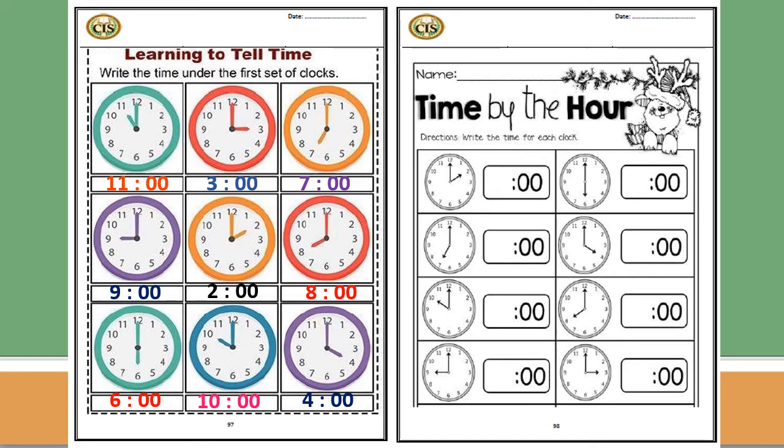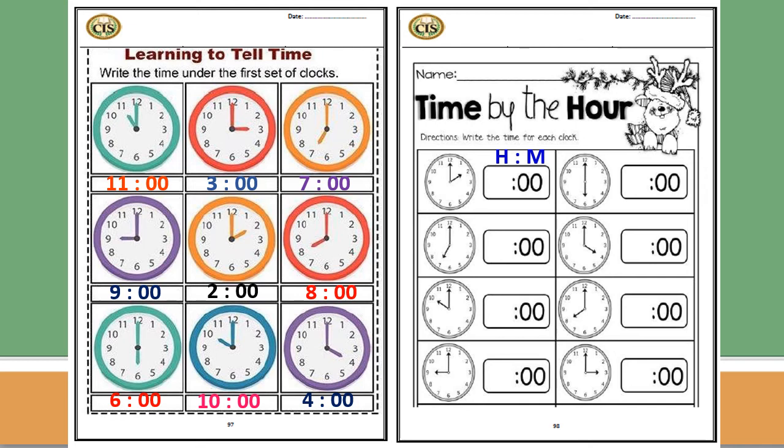Page number 98. Write the time for each clock. Okay, here in the first clock, it tells me that in the minutes hand we have 0, 0. So it asks me for the hours. The short hand here points to what?